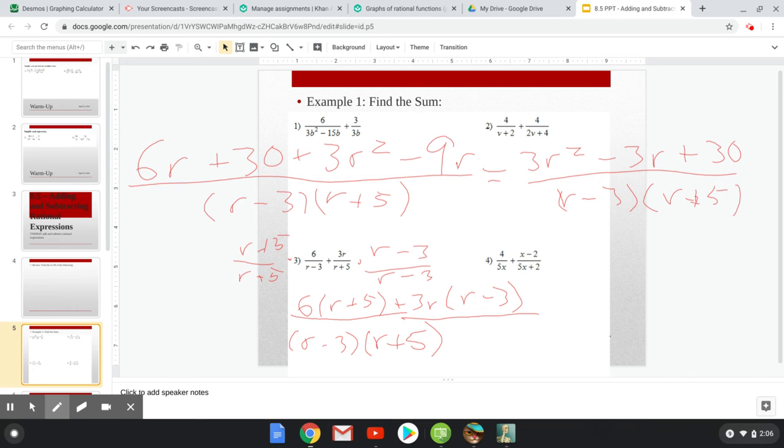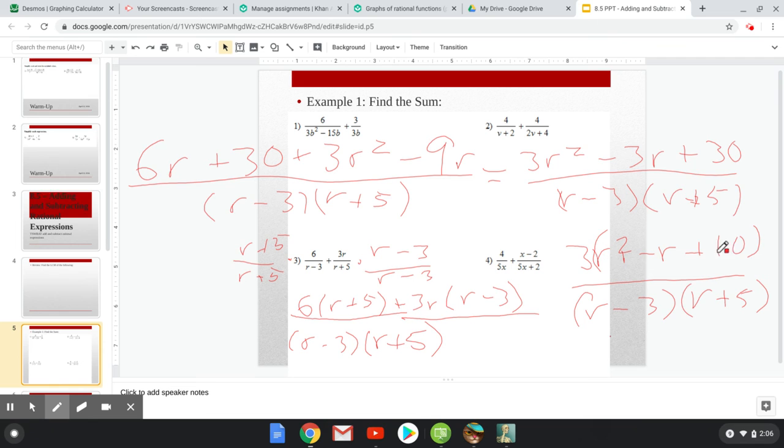And we hopefully notice that we could factor out a 3 on top. So that's what we're going to do. So we're going to have 3 times r squared minus r plus 10, over r minus 3 times r plus 5.